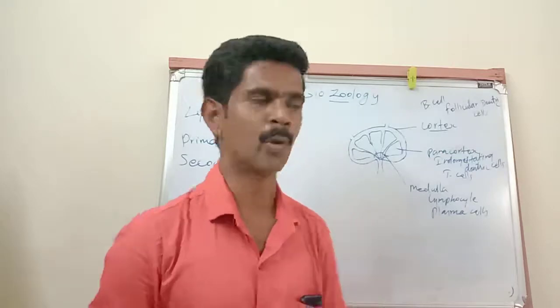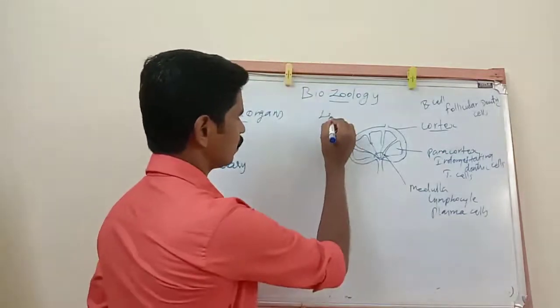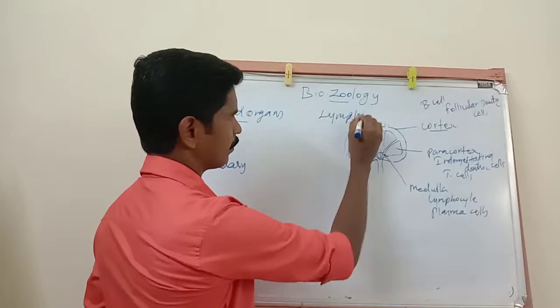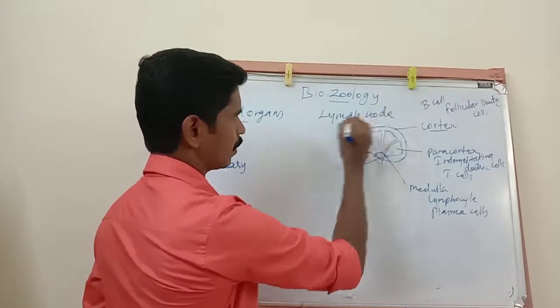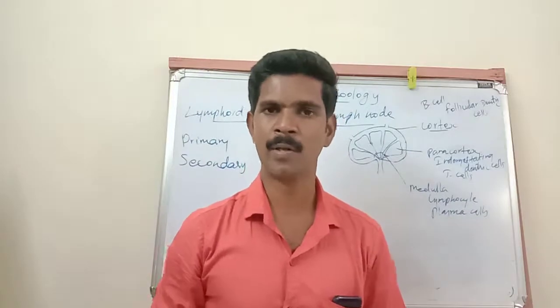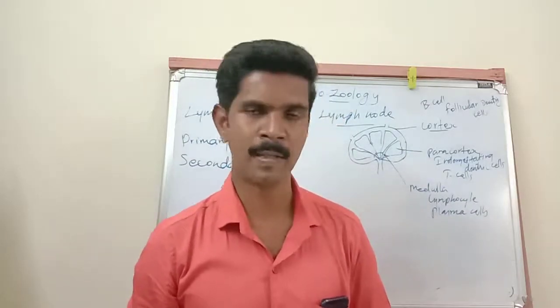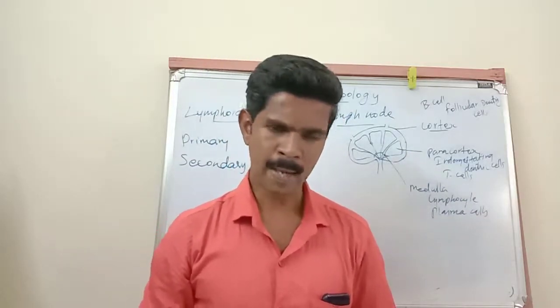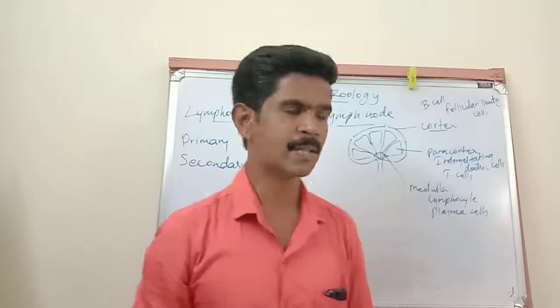Now we are going to study one important secondary lymphoid organ, the lymph node. The lymph node is a bean-shaped structure.